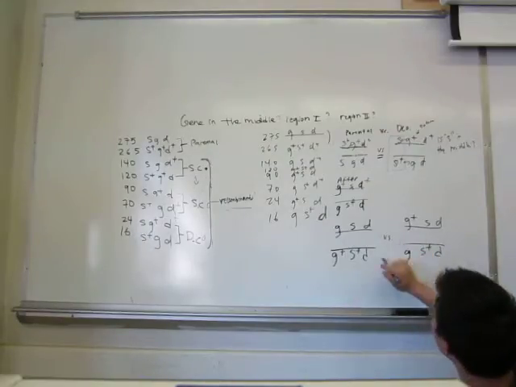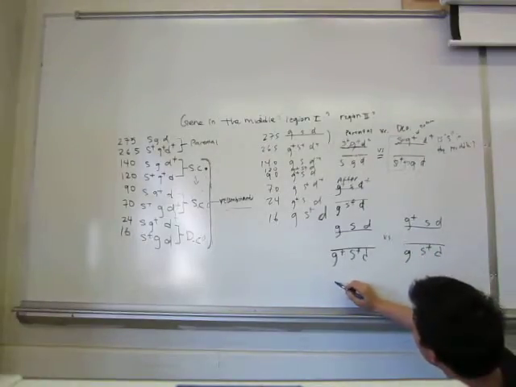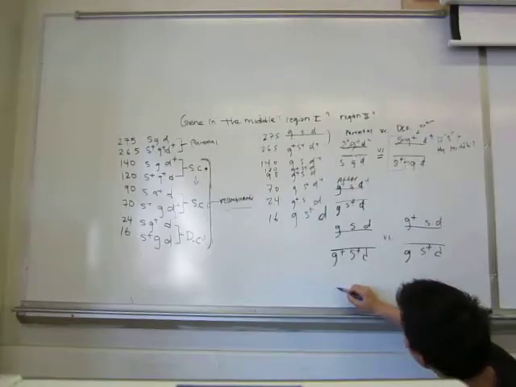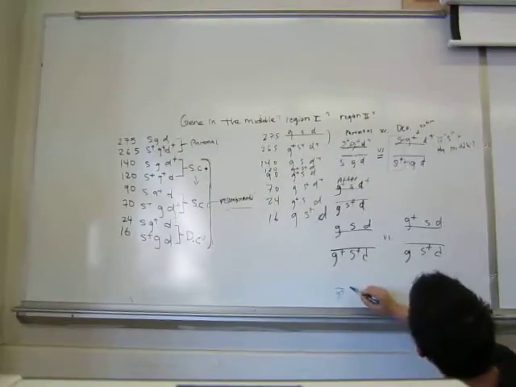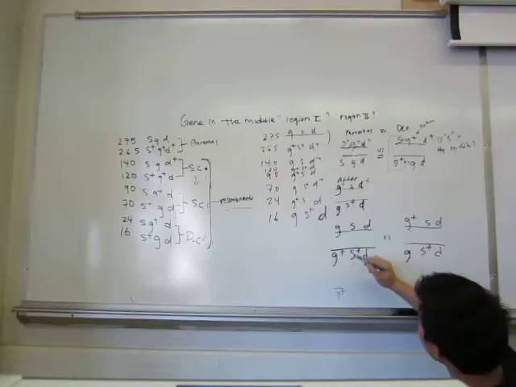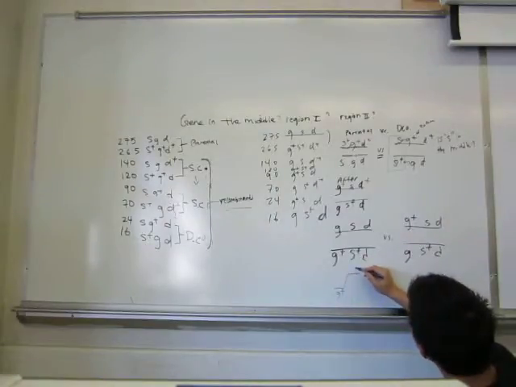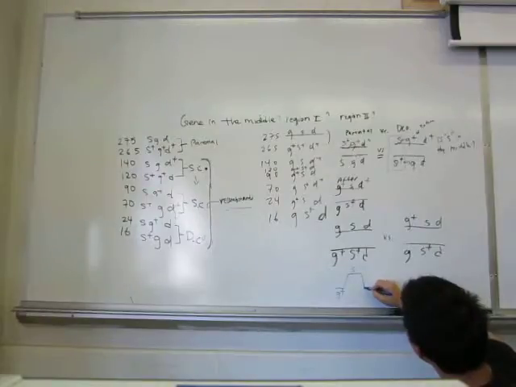Well, I know that G plus is on top. G plus. Now I need the S, which is up there. S. Now I need a D, which is down here. D.